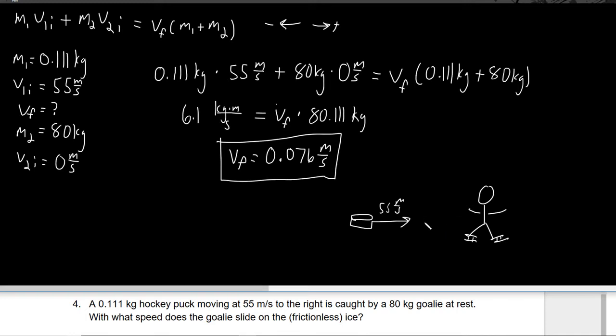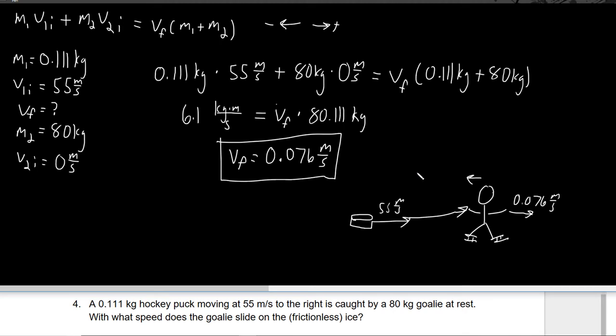So the 55 meters per second puck, he catches it. The goalie will then be moving backwards at 0.076 meters per second. Assuming that goalie can apply any kind of forward force after he catches it, he'll make sure that the goalie and the puck don't end up in the net. I'm assuming they're playing hockey in this one, because it's a hockey puck.